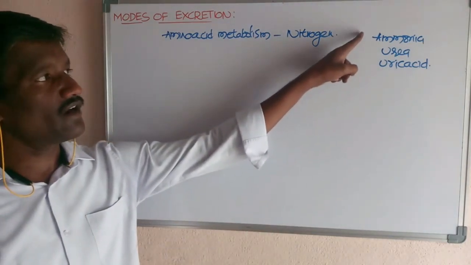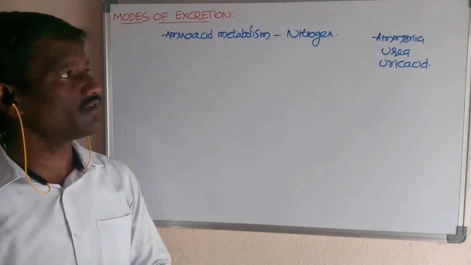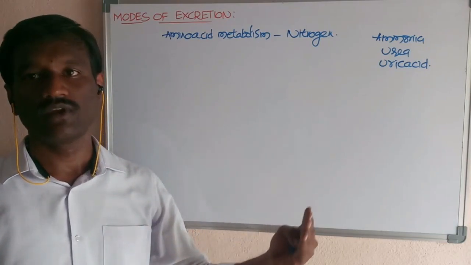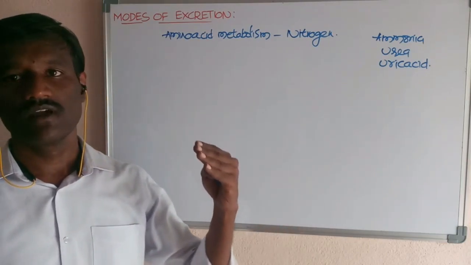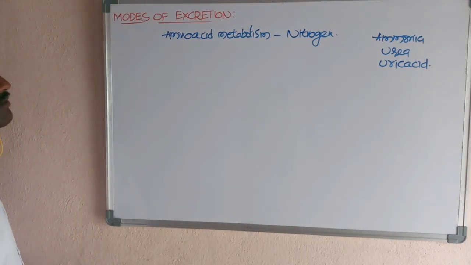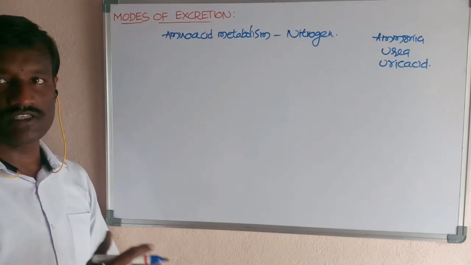These are called nitrogenous waste products. Based on their needs, some animals excrete urea, some eliminate uric acid, and some eliminate ammonia. The modes of excretion are explained in three types.